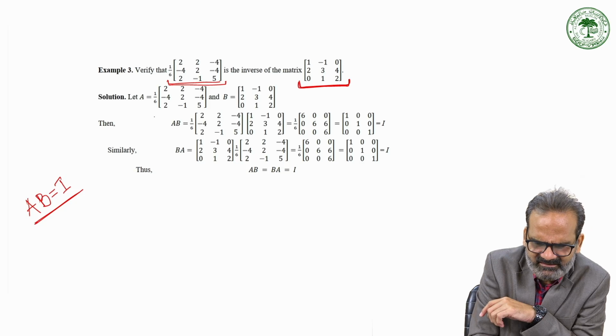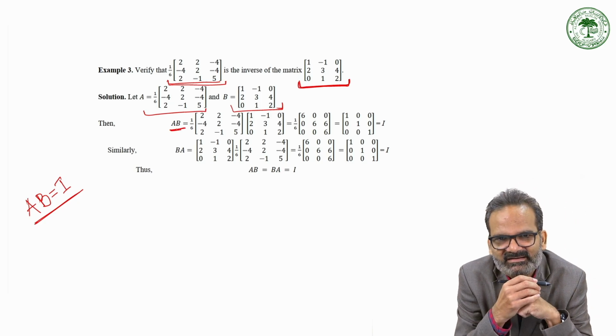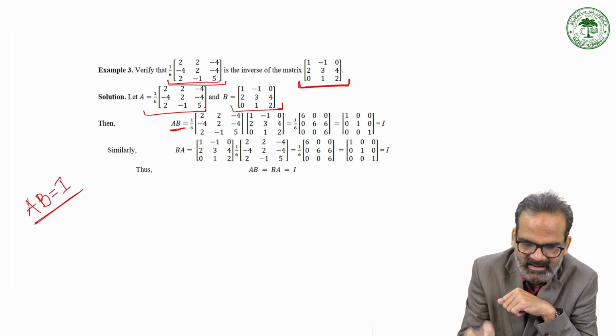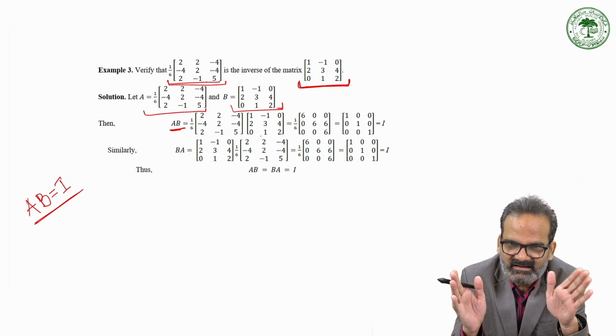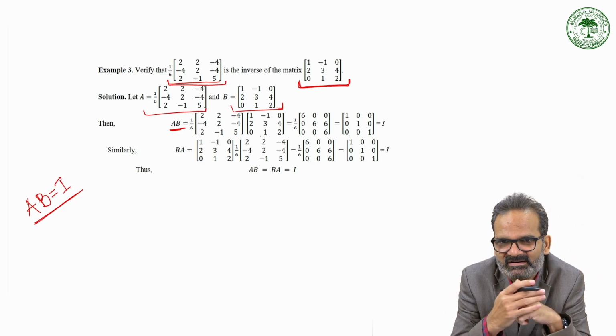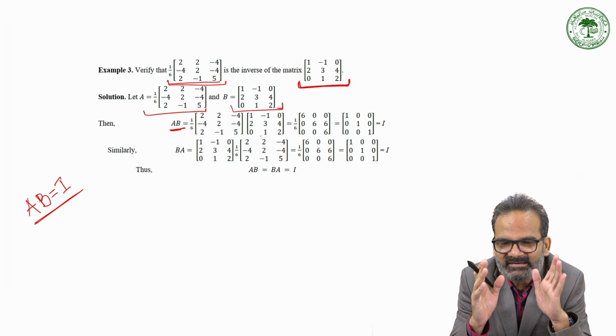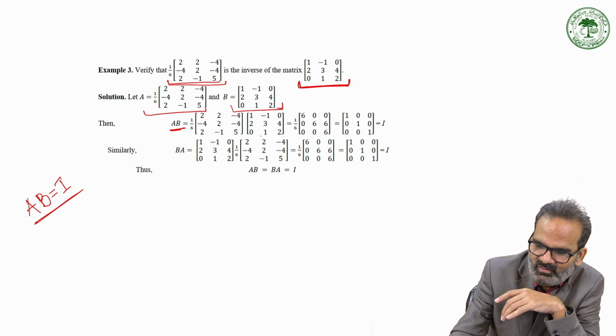What we did here is the same thing. This is the matrix A, and we take this as a matrix B. We multiply A into B, and I have already explained the procedure for multiplication of two matrices. The product of these two is coming out to be an identity matrix.